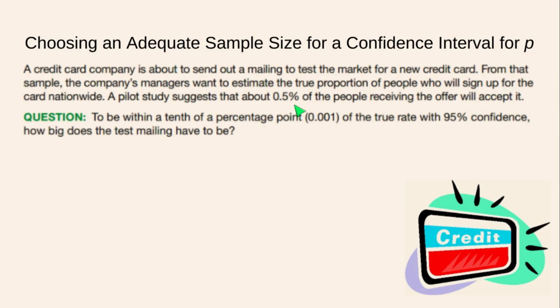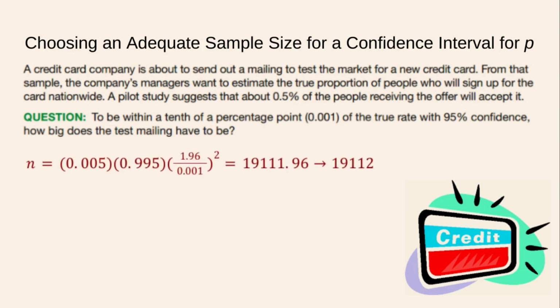Here's the answer. n is equal to p hat 0.005, that's 0.5%, times 0.995, that is the odds of failure, that's q hat. And we got 1.96 standard errors to the left and right of the sample proportion, and we have our margin of error of 0.001.